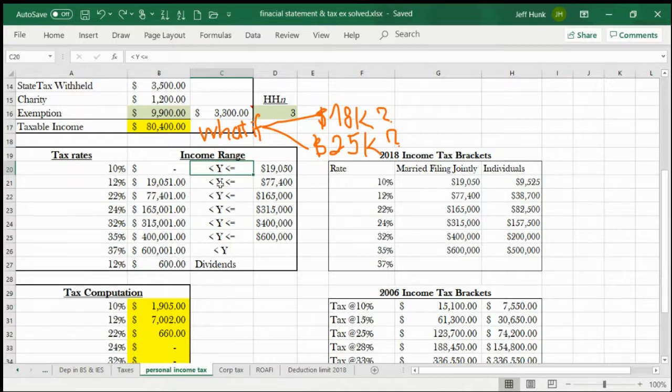So then you don't even go to the second bracket. All you need to do is, because 18K is below 19K, it's just 18K times 10%. And then there's nothing more to do.